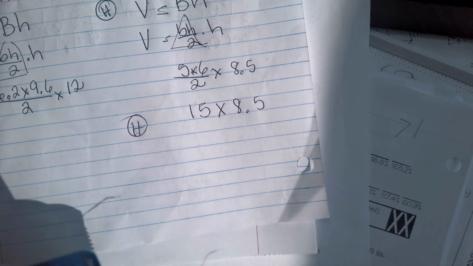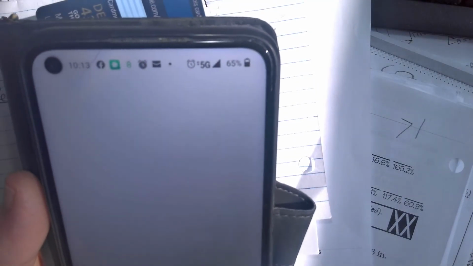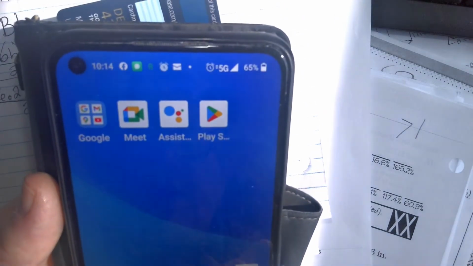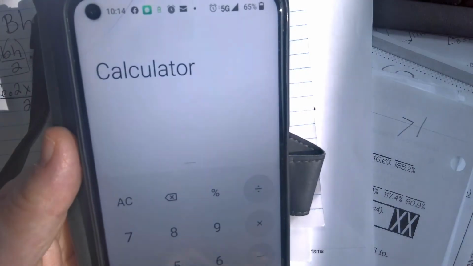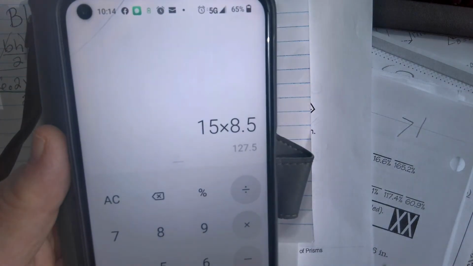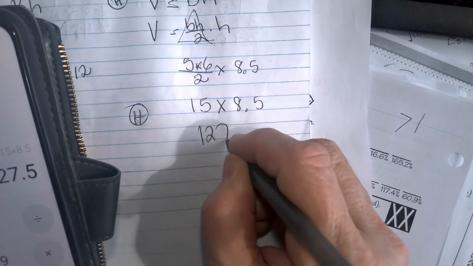If I can get my calculator going, we will. All the time I spent getting this calculator, we could have done it. All right, so 15 times 8.5 is 127.5.